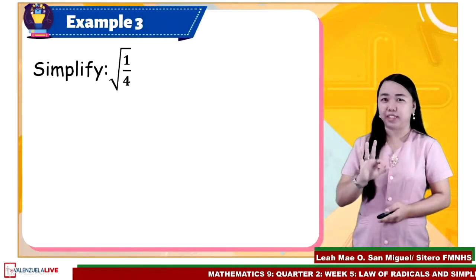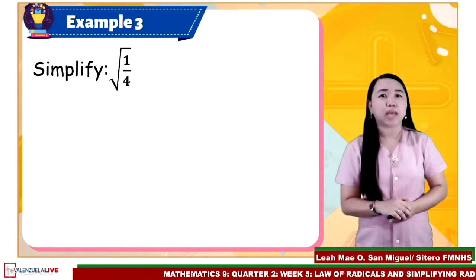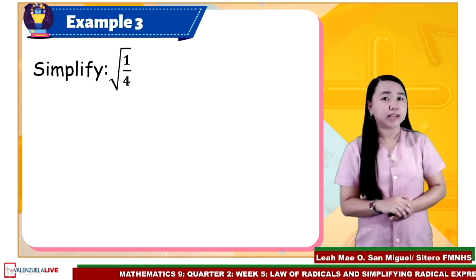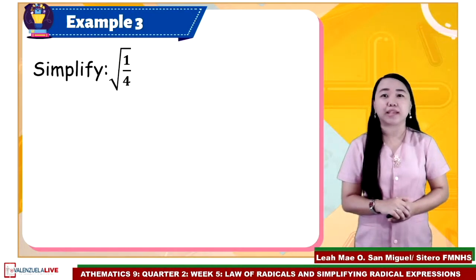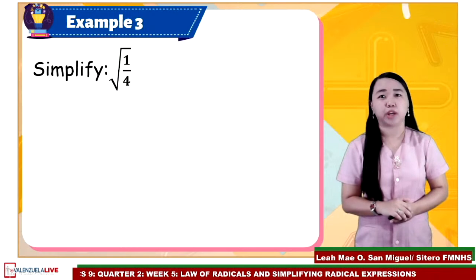Example number 3. Square root of 1/4. In this example, the radicand is 1/4. It is a fraction. So, it must be simplified because, as stated, the radicand must not have a fraction.